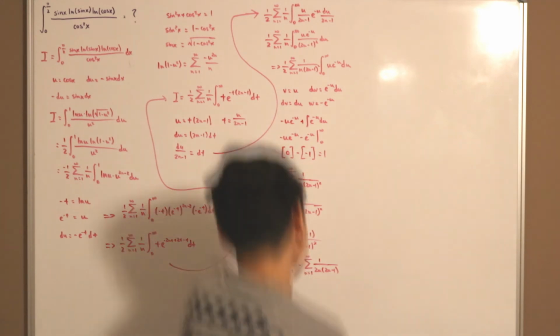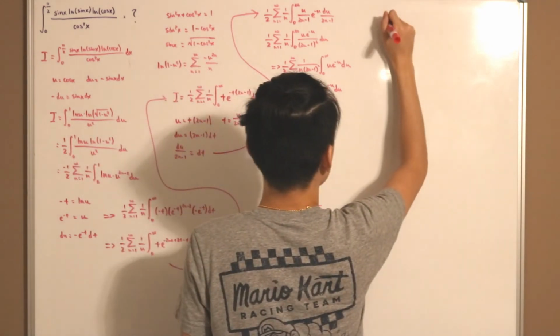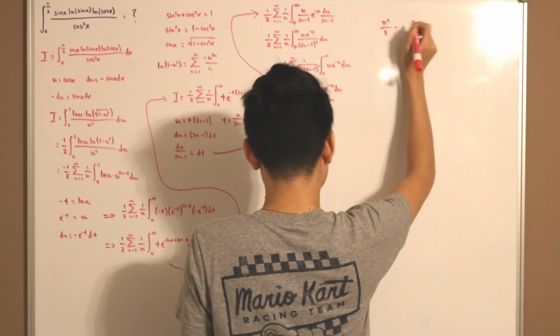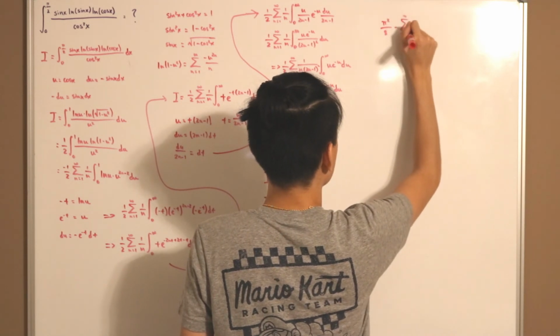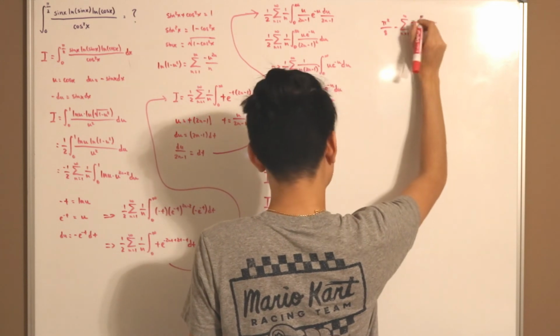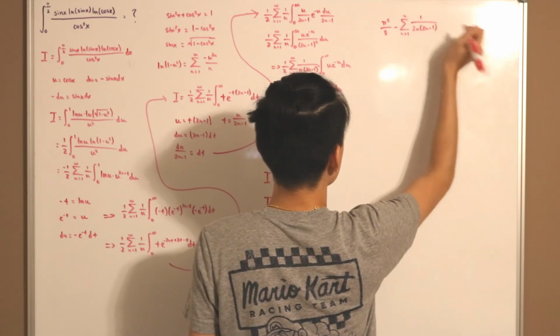So now the last thing we have to evaluate is this series here. So far we have pi squared divided by 8 minus the sigma from n equals 1 to infinity of 1 divided by 2n times 2n minus 1.